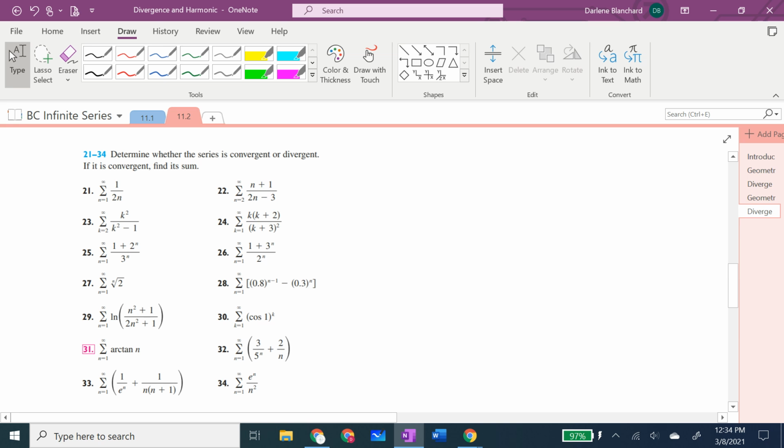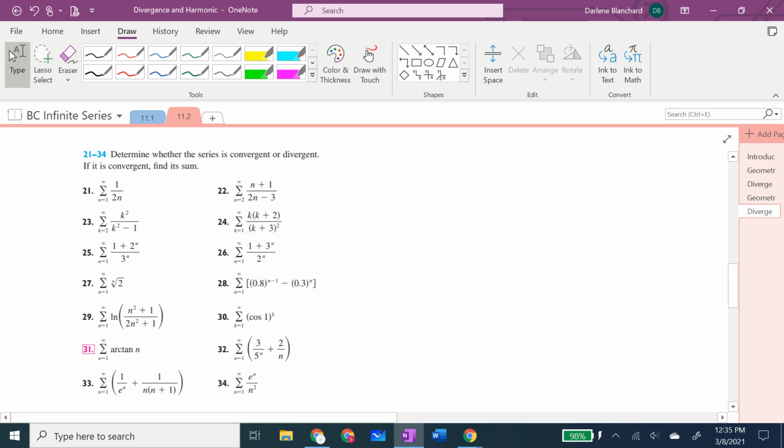Some of the series in here are not geometric. Some of them you don't have enough. We still haven't actually gone through everything that is in section 11.2. There's a little bit more in there that I haven't discussed, and I will not use those problems, but we will be discussing those tomorrow.